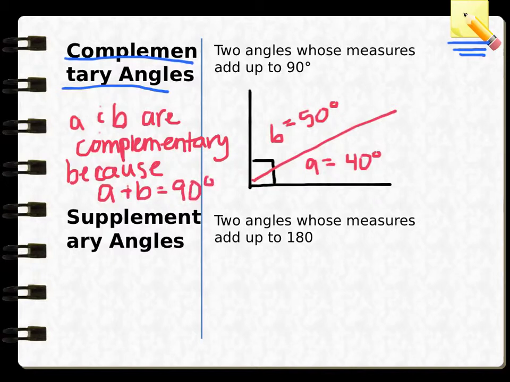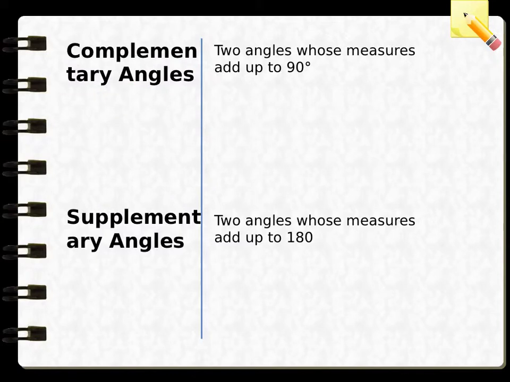Pause the video, write this definition down, and hit play when you're done. Ready, pause. So now we have to look at supplementary angles, and that's 2 angles whose measures add up to 180 degrees. If you remember, a straight line has 180 degrees, so I'm going to draw my straight line.